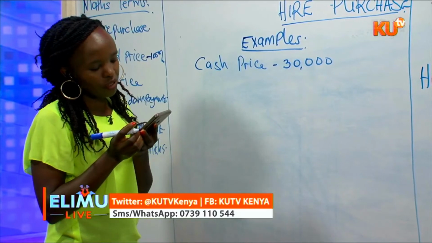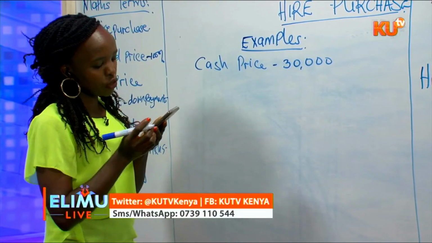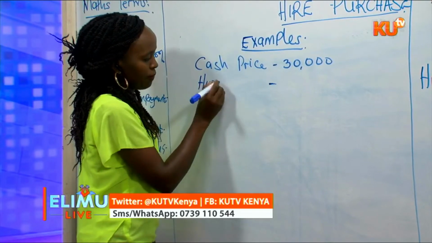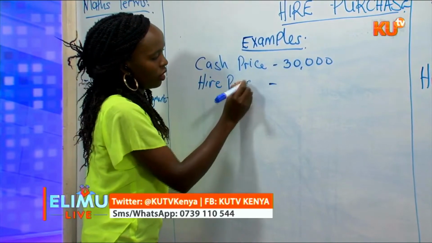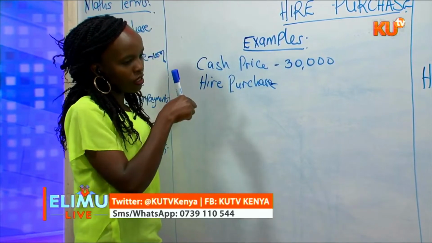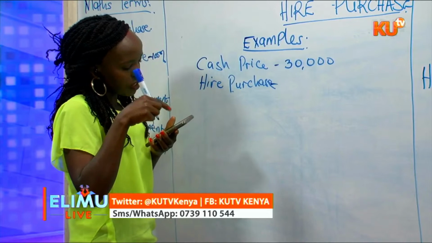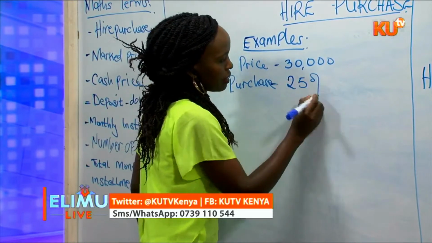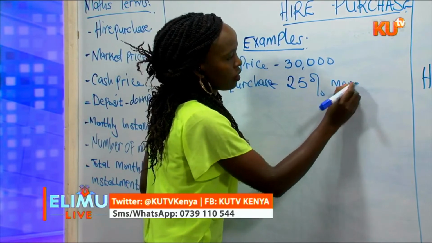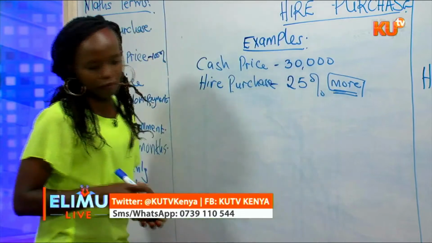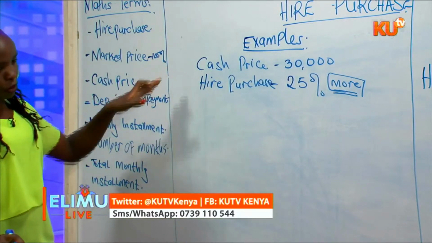Andrew bought it on hire purchase terms, which was 25% more than the cash price. So we have the hire purchase, and we have been told that the hire purchase is 25% more. So here we have another term, more. It is 25% more than the cash price.